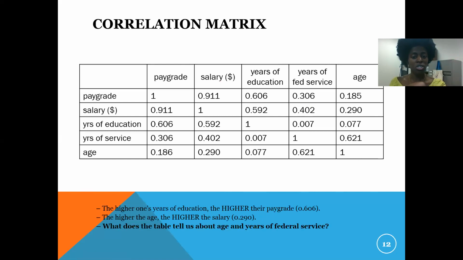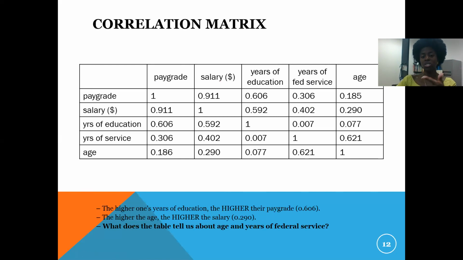So then I'll let you try this one, age and years of service. Okay, that number would be age and years of service, 0.621. So how would we interpret that? Hopefully we would start with direction and say it's positive because we see everything here is positive. We would then talk about strength. We know that 0.60 and above is strong.